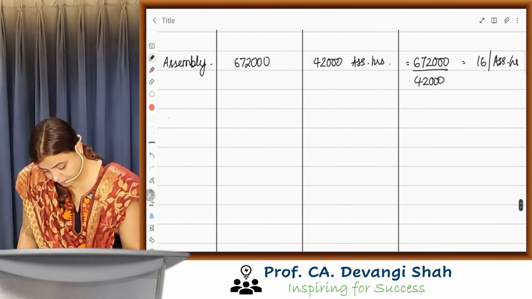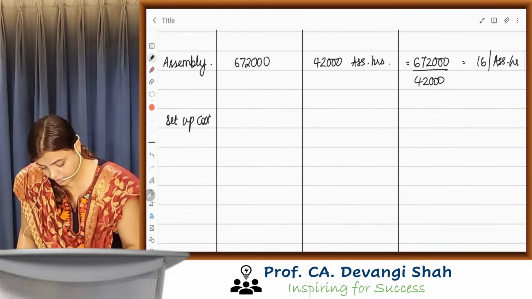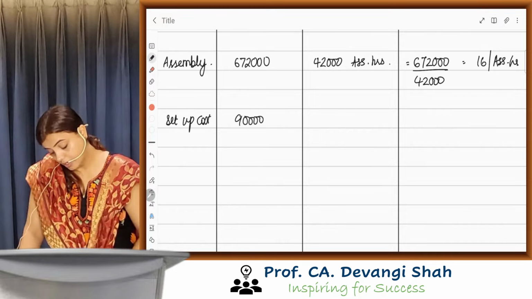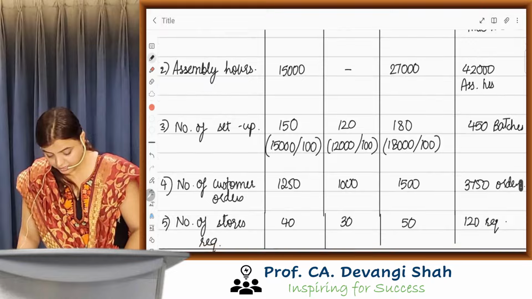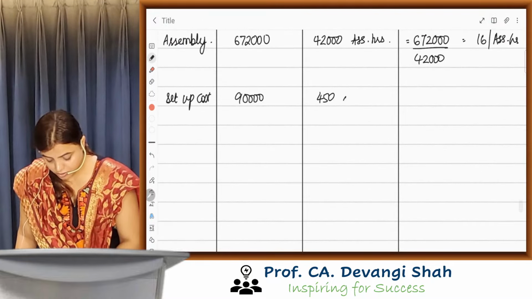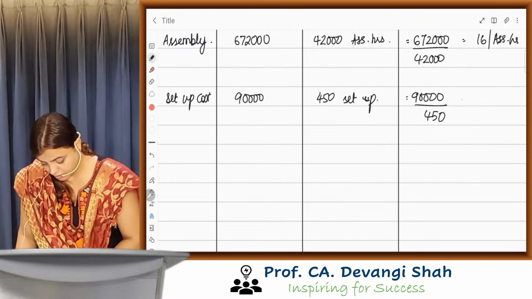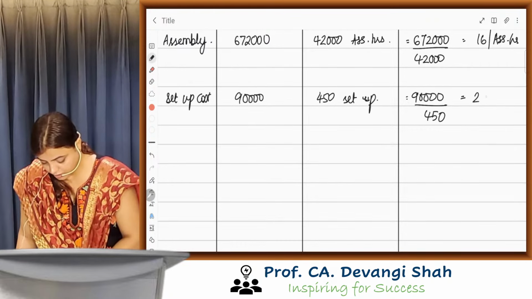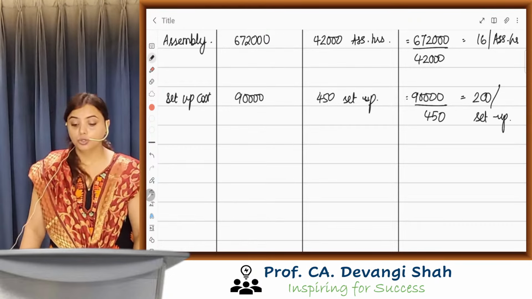Then is setup cost. ये है 90,000 rupees. And how many setups you have done? 450 setups or 450 batches. So it is 90,000 divided by 450. You get rupees 200 per setup. एक बार सेटअप करने का 200 रुपए का खर्चा.